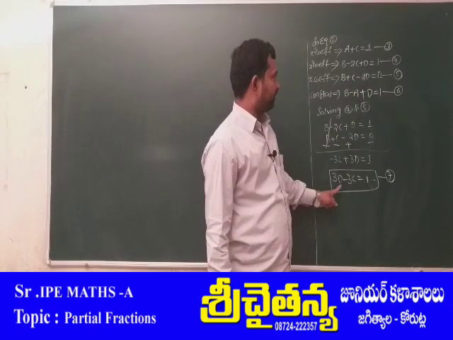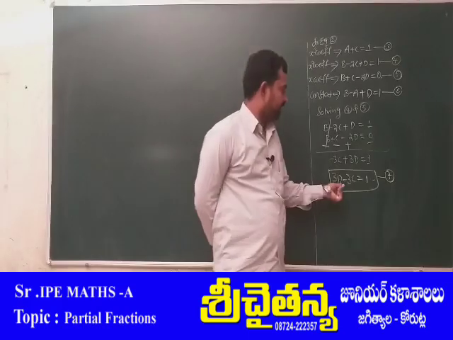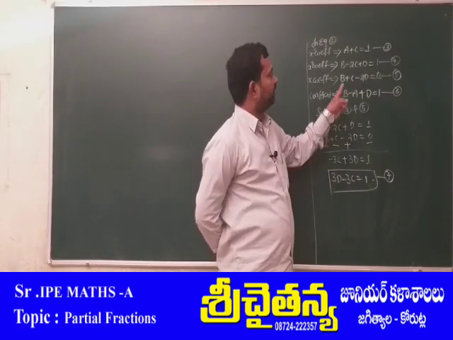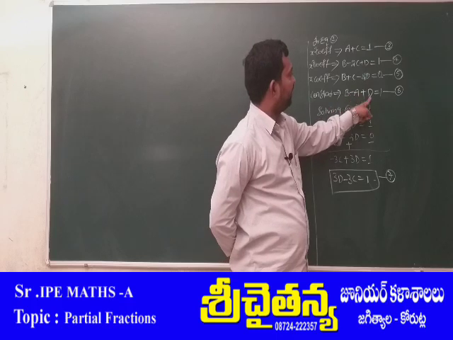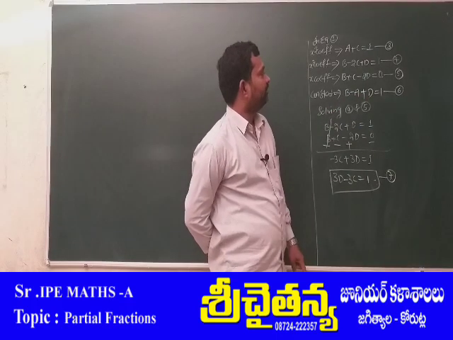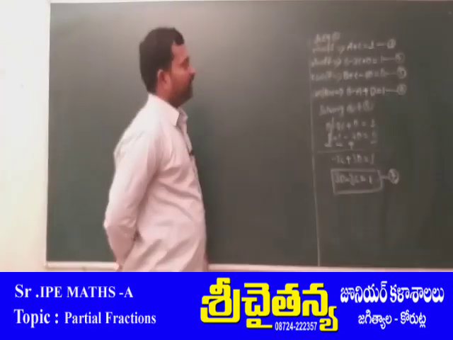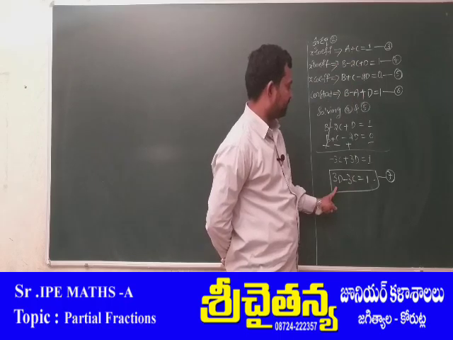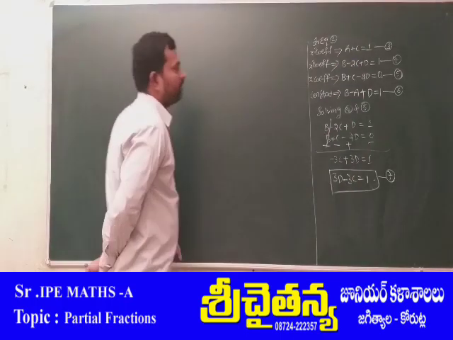Observe here that equation number 7 is in terms of d and c. Next, equation number 6 is in terms of b, a and d. That means if you are solving a and c, we will get it in terms of d and c. That means first you solve equation number 5 and 6.